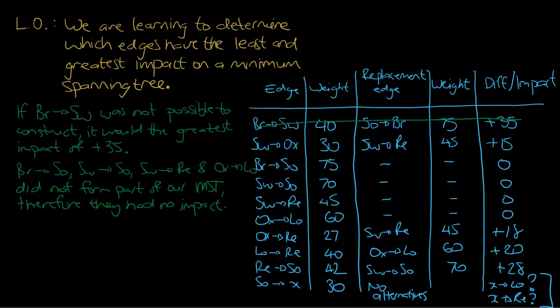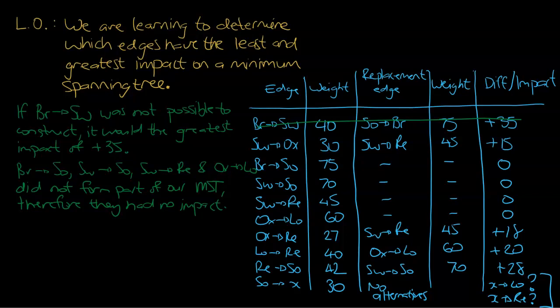And that one's a bit annoying. So no impact, I'm not sure if it actually means least. So we're now going to talk about the least impact. And in our case, the least impact is actually going to be that 15, that Swindon to Oxford. That's okay for it not to be possible to construct because it only cost us 15 instead of 18, 20, 28, 35, whatever it might have been.